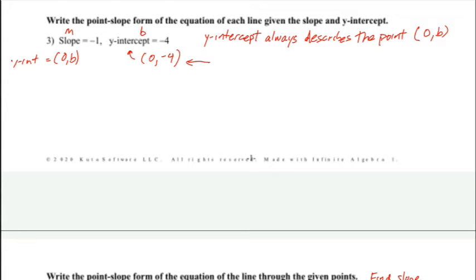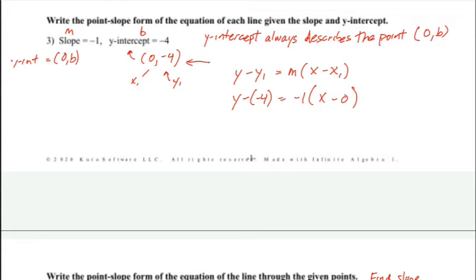And we have our slope, we have a point, an x1 and a y1 value that we can use, so we will rewrite our general equation. We're going to substitute those values in, and we get y minus 4 is equal to minus 1 times x minus 0.